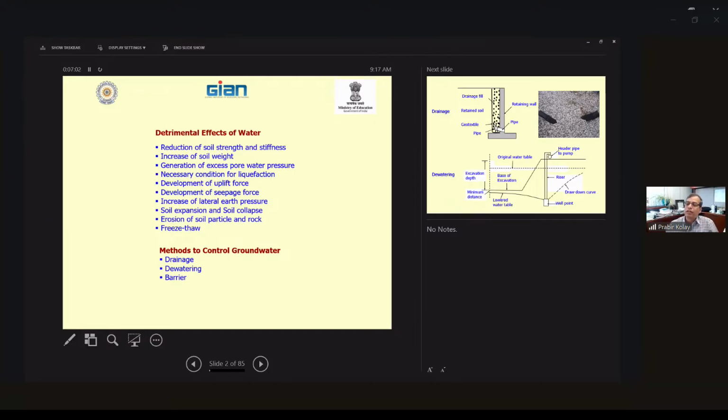For any infrastructure, you have to go to soil mechanics: if the pore pressure increases, the effective stress decreases, and then it's not good. Necessary conditions for liquefaction, development of uplift flow, some water will give you uplift pressure, that is not good. Increase of lateral earth pressure. That's why, for backfill lateral earth pressure design, we use granular type of soil, where all the water drains out quickly.